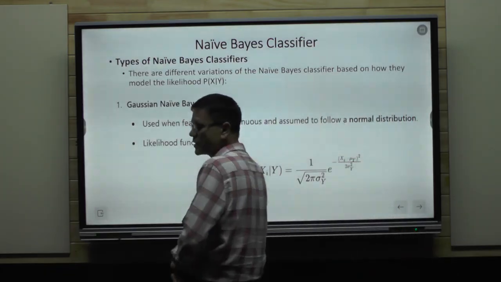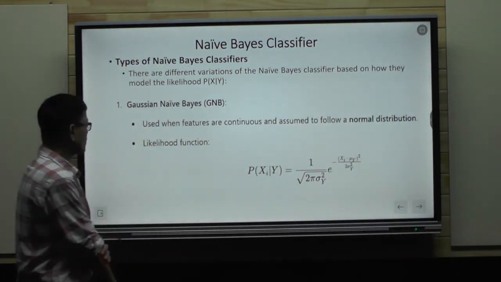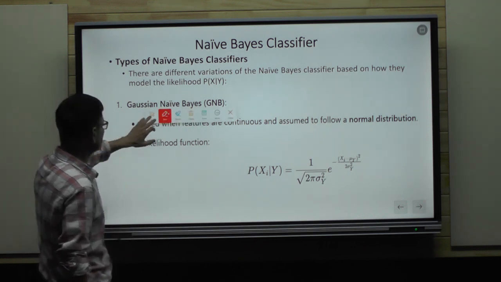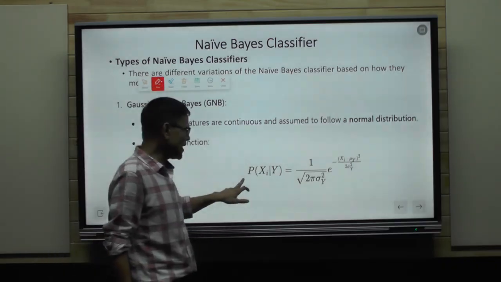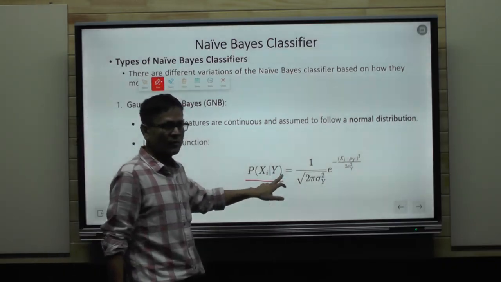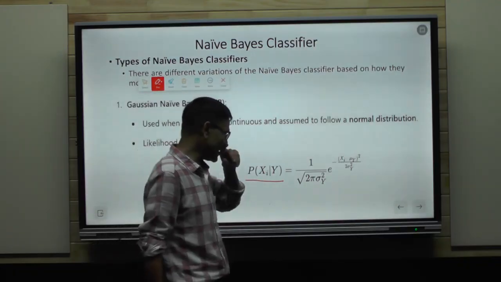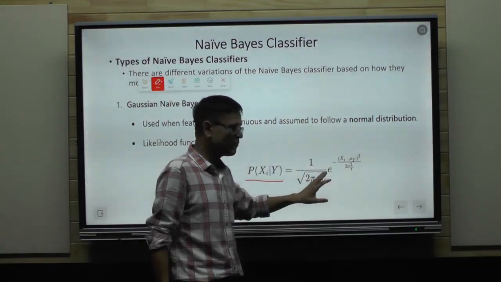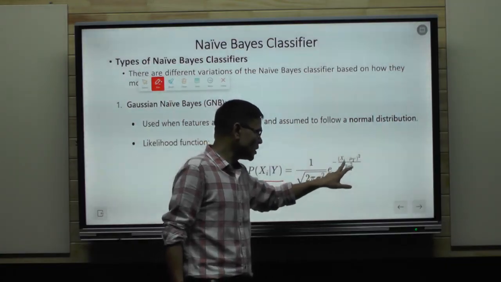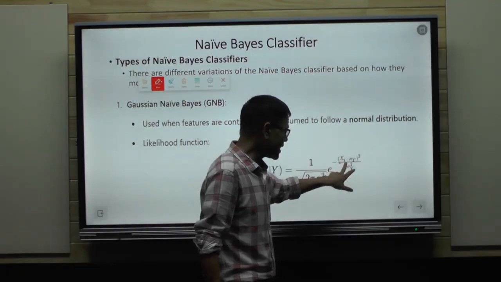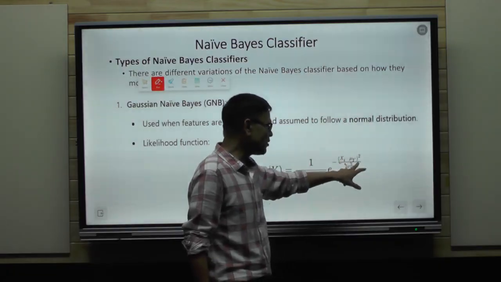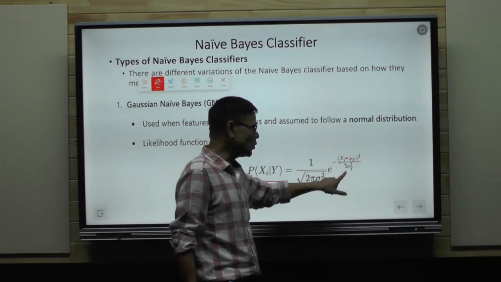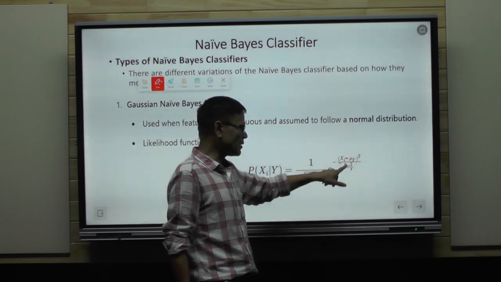Okay. Now types of naive Bayes. First is Gaussian naive Bayes. You've seen this formula earlier also. The probability of xi given target y is 1 upon the square root of 2 pi sigma square of y, times the exponential of minus xi minus mean of y, squared, divided by 2 sigma square of y.